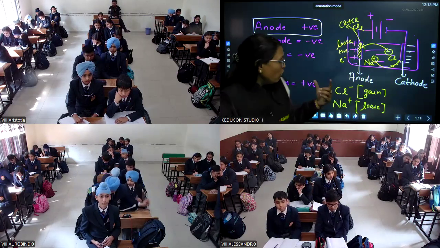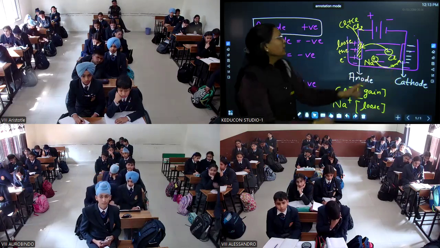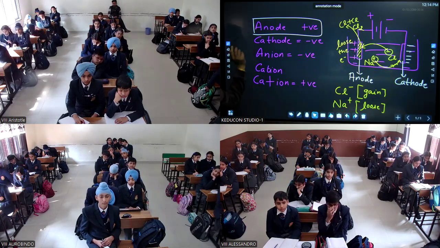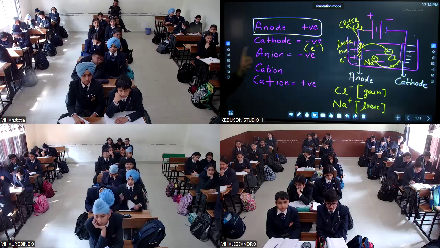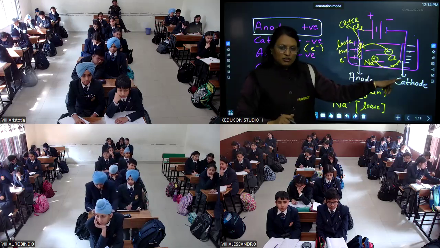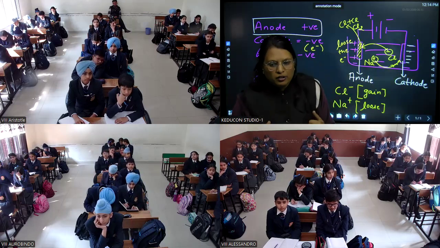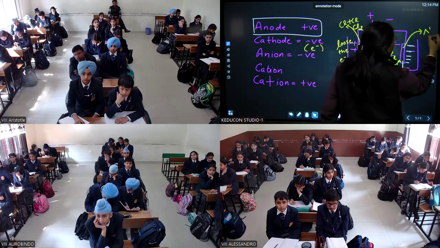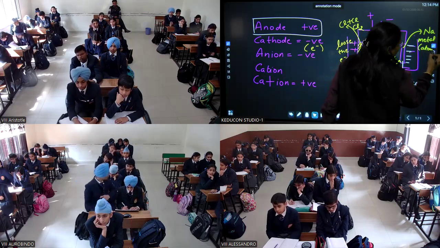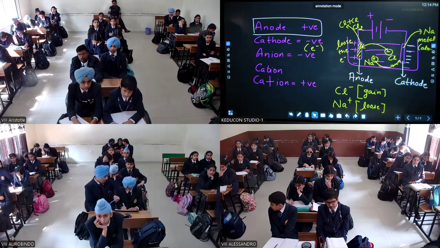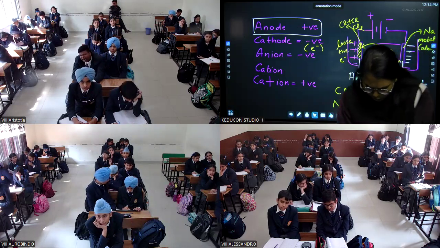The electron which it had already lost, where will it get it? At the cathode. You know what cathodes are, right? Negatively charged means they have excess of electrons. They have electrons, that is why they are negatively charged. Sodium will go towards cathode and take its electron back and become sodium metal again, or you can say sodium atom. Is this clear to everyone? Right? Okay. Is this clear?